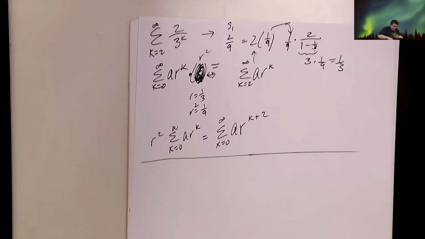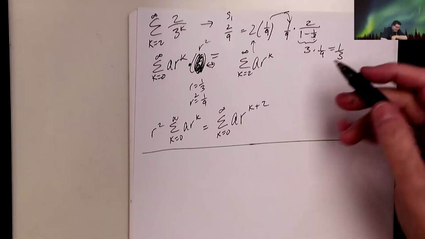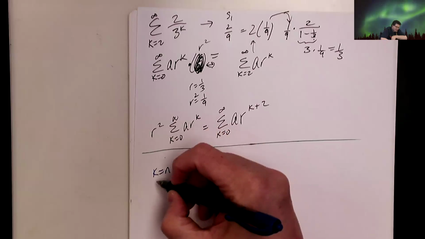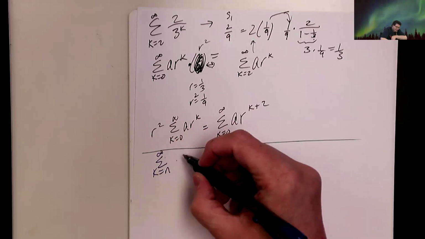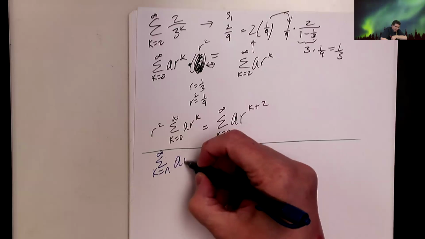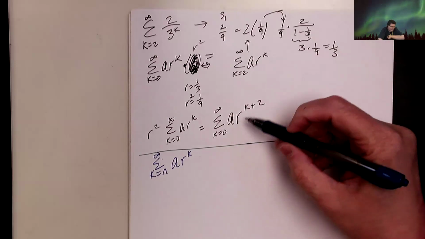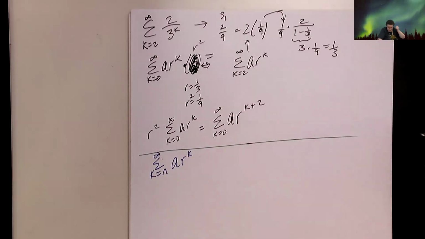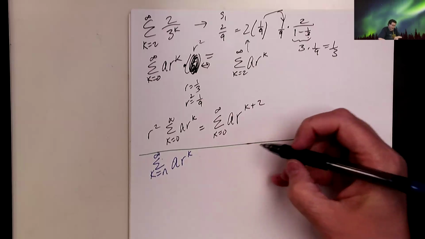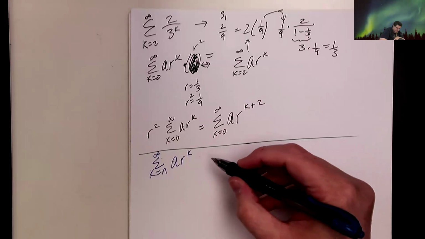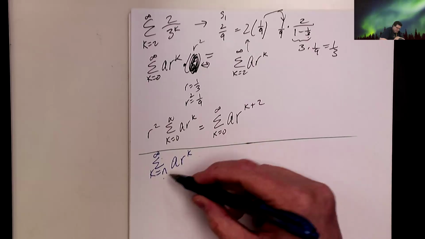So Dad's got us going down a rabbit hole here because he's apparently the Alice of the classroom. Like let's say we had k equals n to infinity of a to the rk. Rather than using k equals 2, I'm gonna just go k equals n. I could rescale this down to where k equals 0.